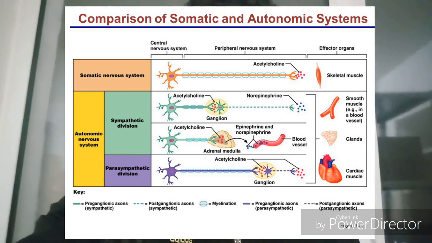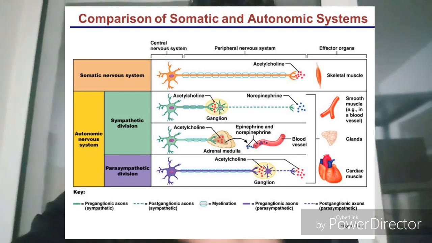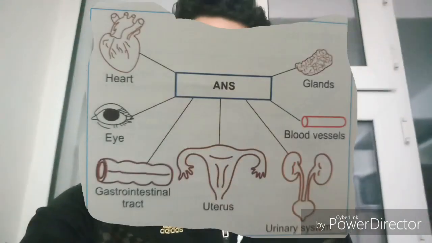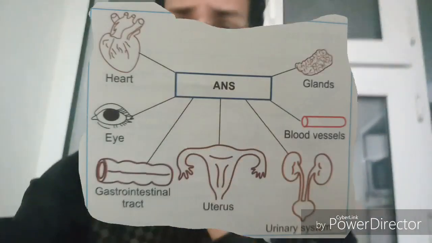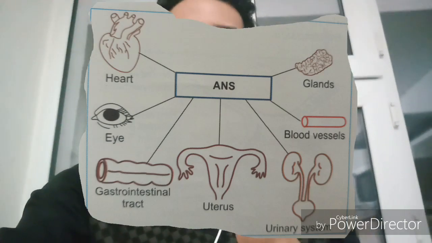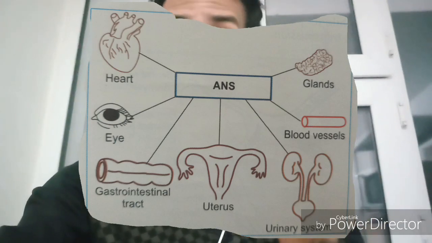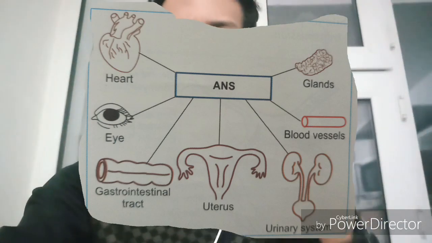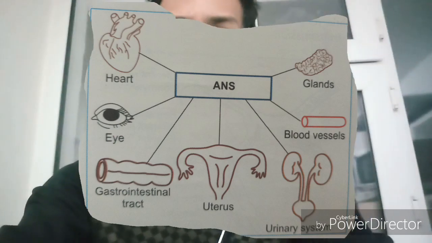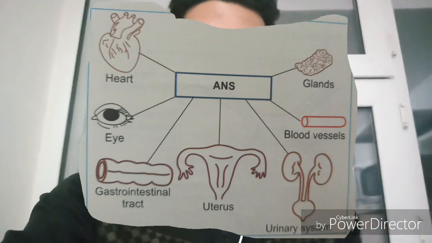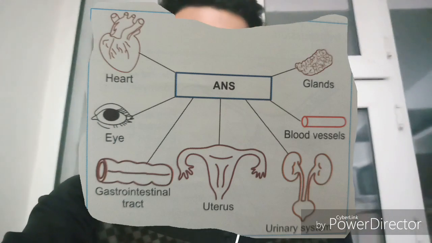Before we go into the details of these nervous systems, first let's know about the areas of the autonomic nervous system. The areas included are: number 1, brain; number 2, eyes; number 3, urinary bladder; number 4, uterus; number 5, blood vessels; the GIT, and other areas.